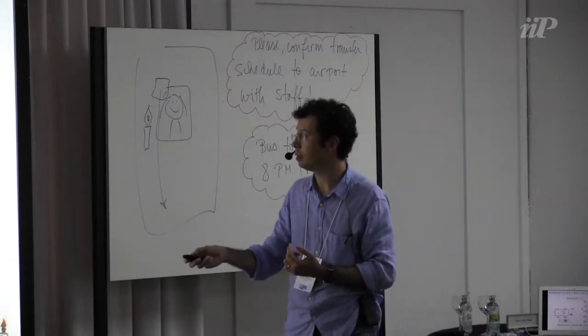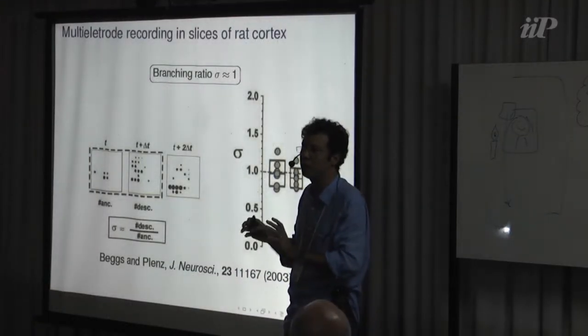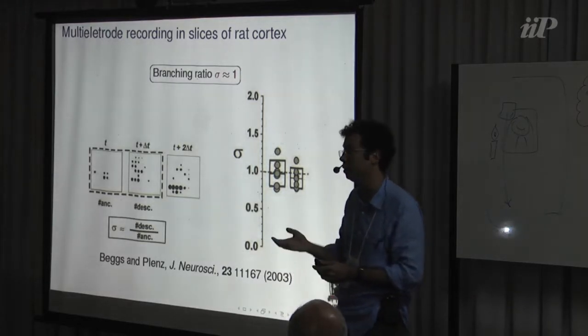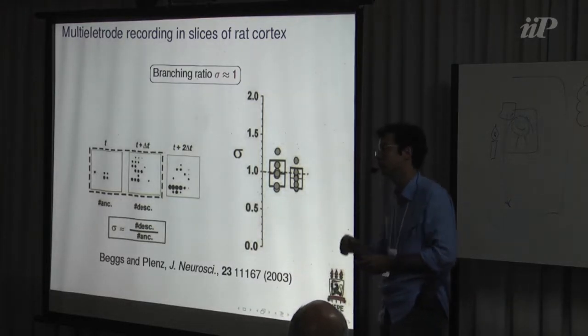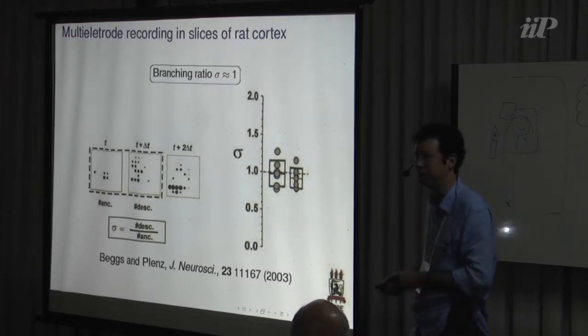The branching ratio definition is dependent on the dimensionality, right? So it just measures the outcome of whatever is going on in the underlying topology, which we don't know. Okay? And like I said, it's a very problematic measurement, right?